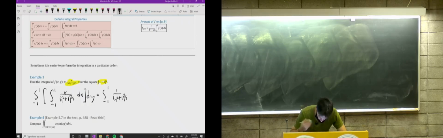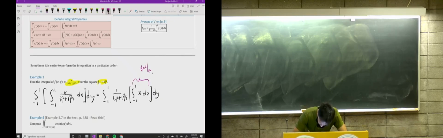this factor, whatever the heck it is, I don't even know what that integral is, times the integral from -1 to 1 of x dx. Well, what the heck is that? Here, this is 1/2 x squared evaluated from x equals -1 to 1, which is 1/2 of 1 squared minus 1 squared, which is 0.